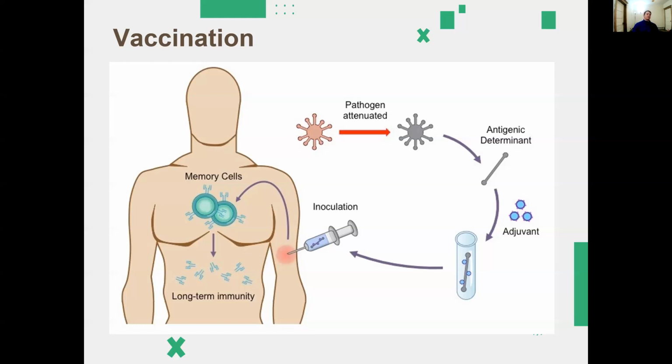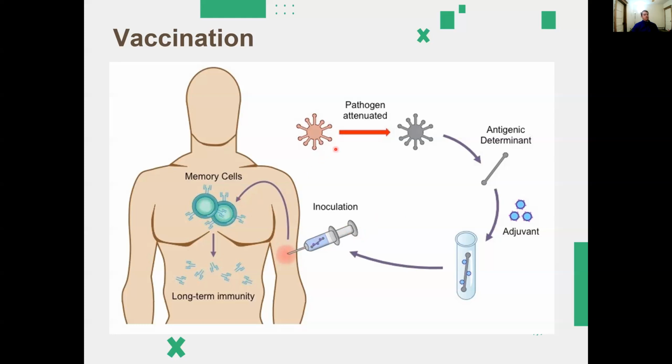in most cases. The antigenic determinants in a vaccine may be conjugated to an adjuvant, which functions to boost the immune response. The body responds to an injected vaccine by initiating a primary immune response, which results in memory cells being made. So you can see here, he's being injected and the memory cells are then being made.